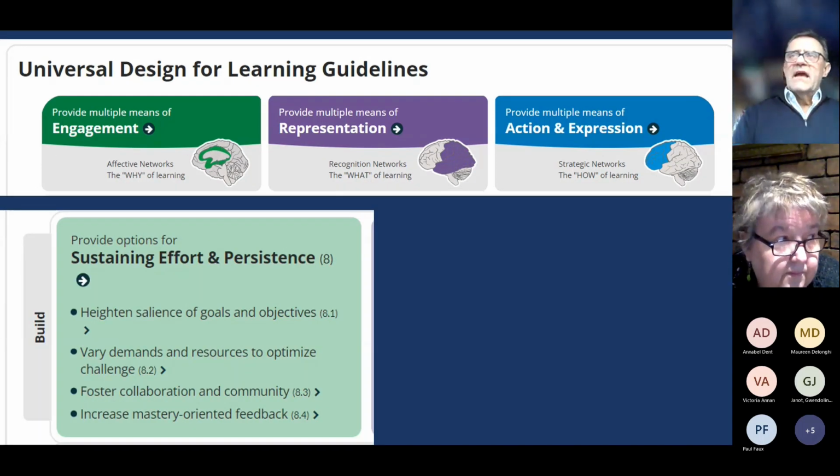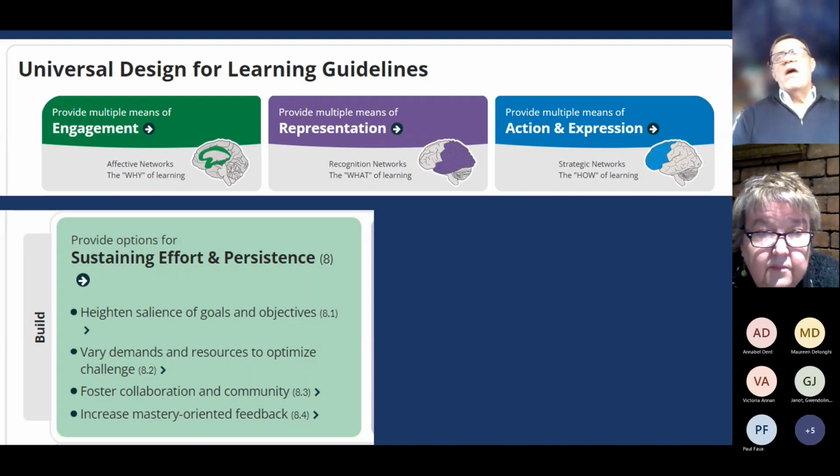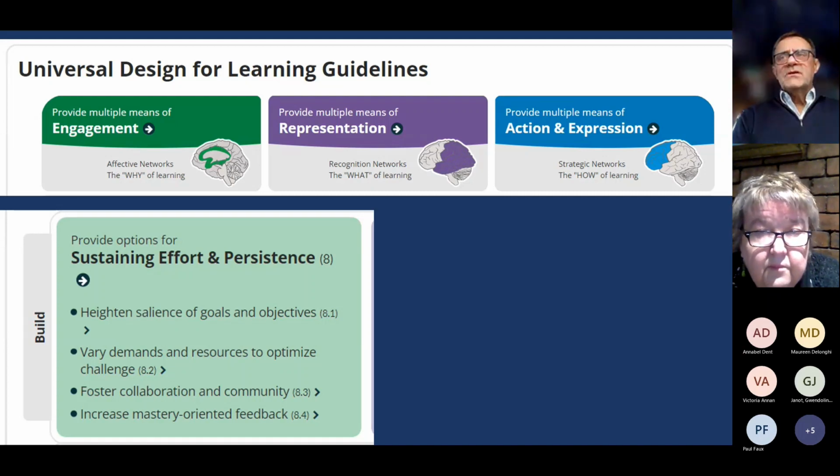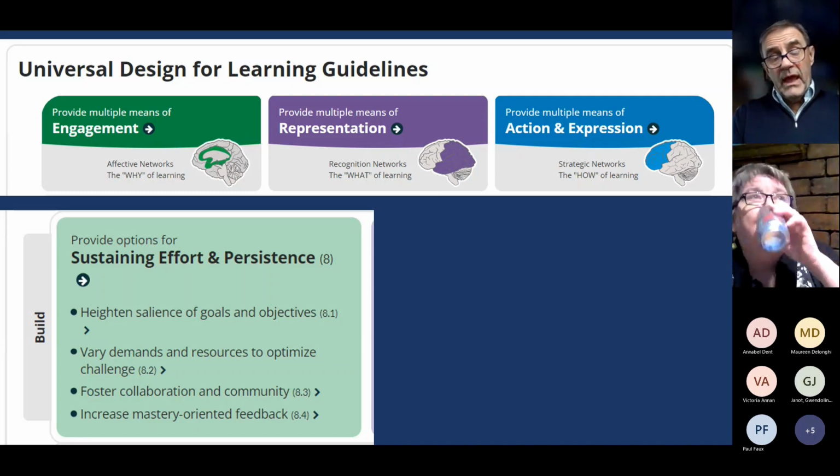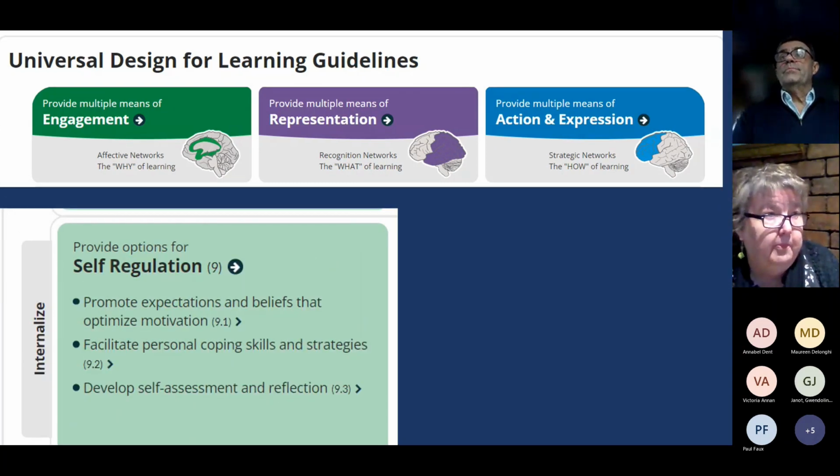We also need to think about sustaining effort, so vary demands, foster collaboration and community, increase mastery oriented feedback. So what we're saying to them is not necessarily, oh, you're doing very well, but you are able to do this. Can you do a bit more? What's the next step for you?